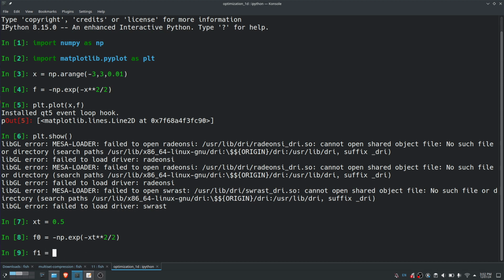The first derivative of f evaluated at x_t would be x_t times e to the minus x_t square by 2.